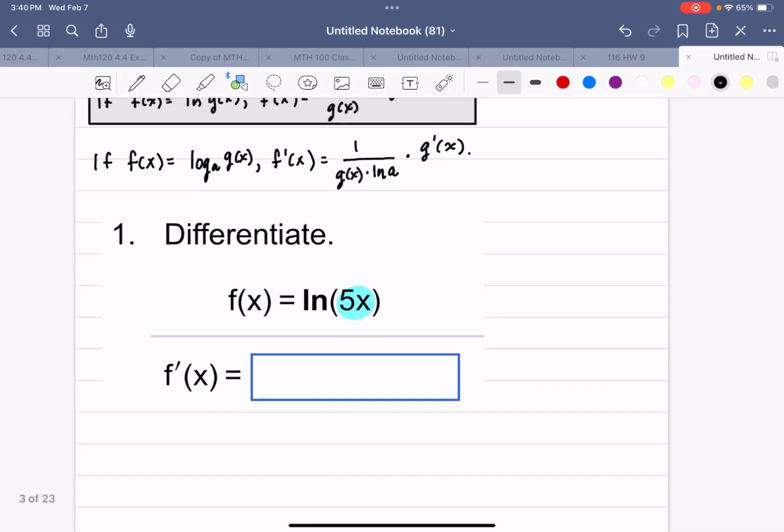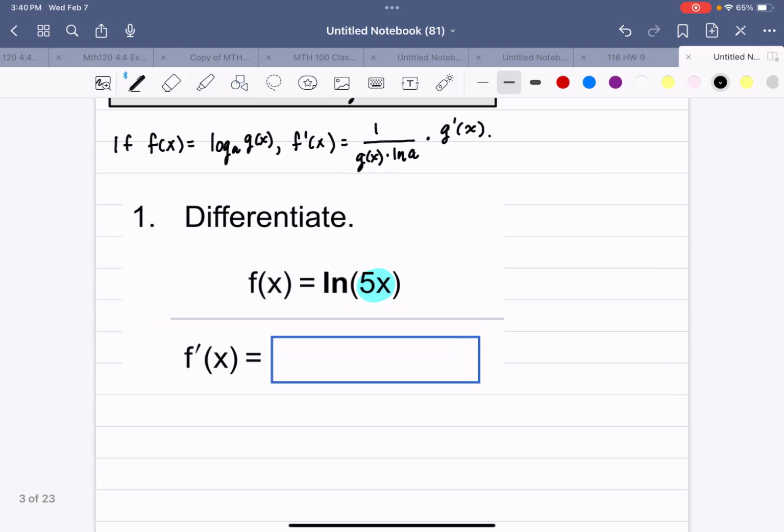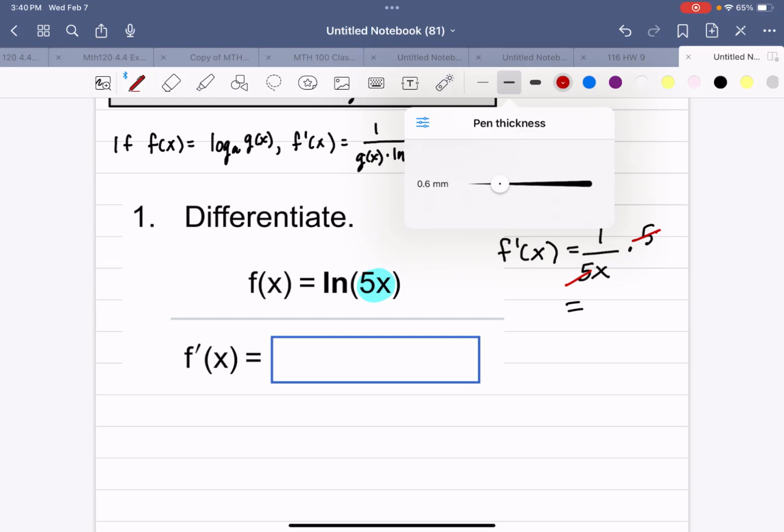Okay, so we've got f prime of x is 1 over that function, 5x, times the derivative of that function. And in this case, it just so happens that those will reduce out, which happens sometimes, but not that often. So the answer to this derivative is just 1 over x.